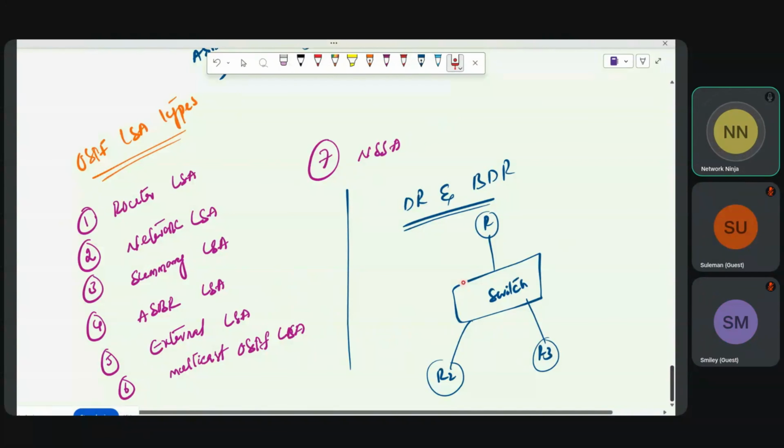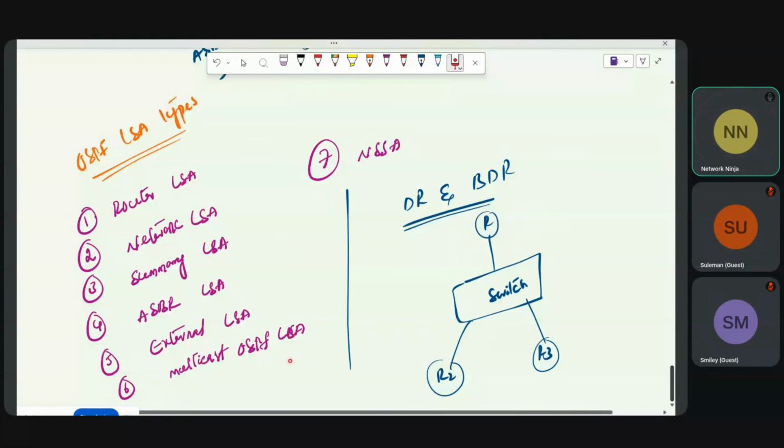We even discussed the DR and BDR elections. Whenever you have non-broadcast multi-access or multi-access kinds of networks, there you will have DR and BDR elections. Every router has a default priority of 1. Whichever router you want to make the DR, you need to increase its priority. If you increase the priority of this particular router, it is going to become your DR. The router with the second highest priority becomes your BDR, and the other routers become DROthers.